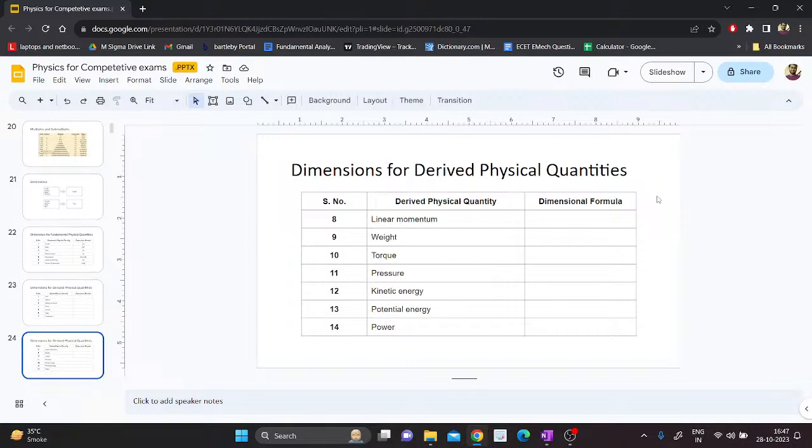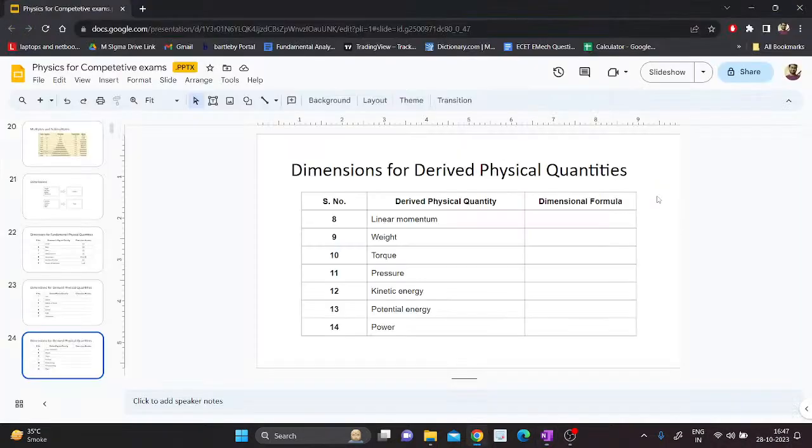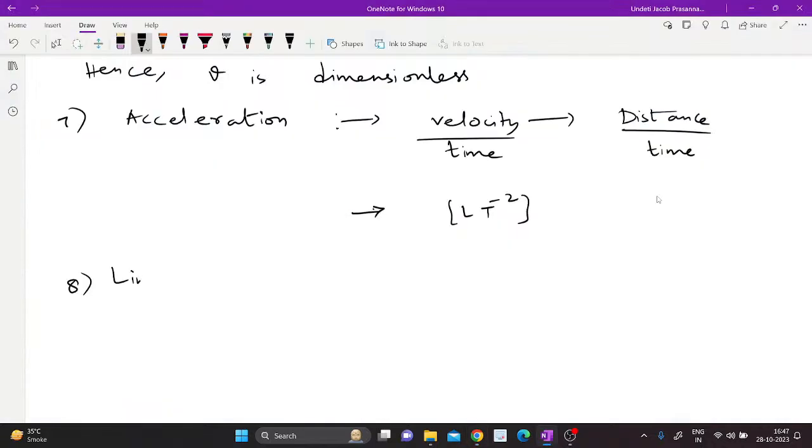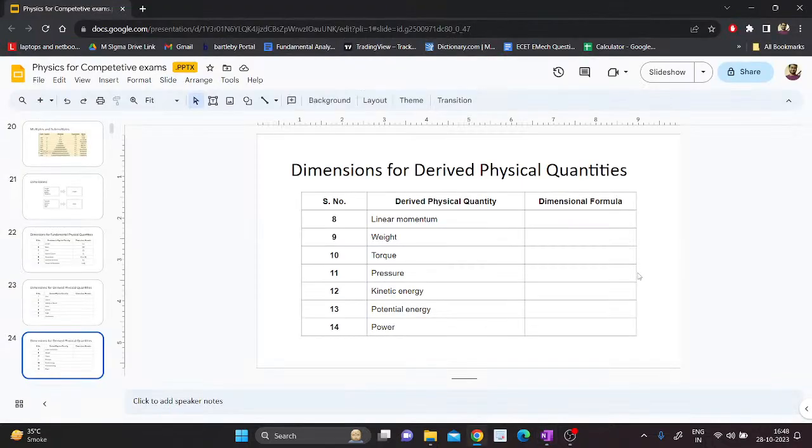Fine. Let's go with the remaining ones here. Linear momentum. Linear momentum means basically mass into velocity. For mass the dimensional formula is m, and for velocity this is nothing but L t power of minus 1. We already discussed this earlier, so you can understand from that one for velocity.